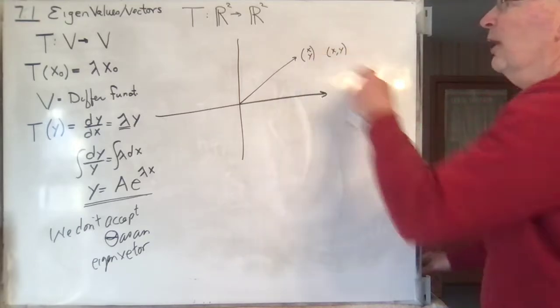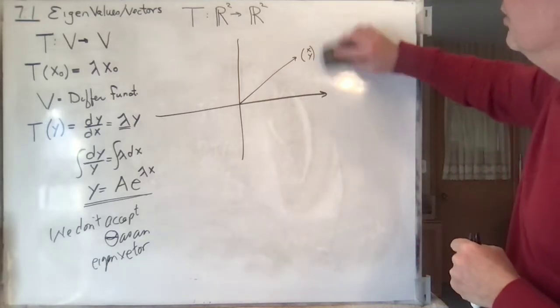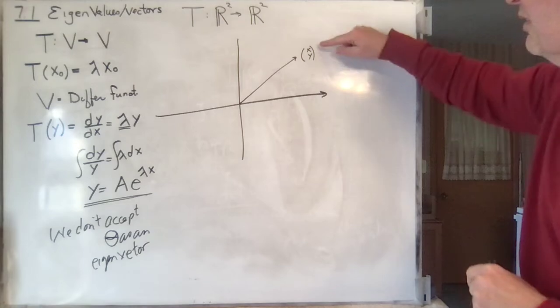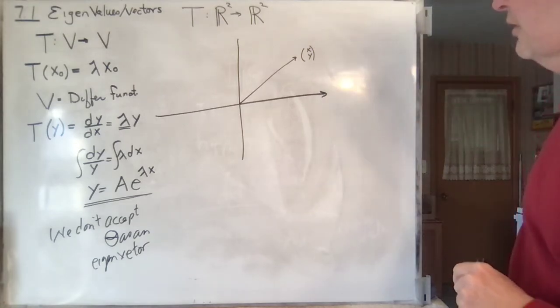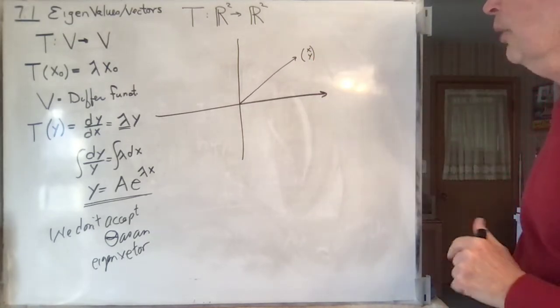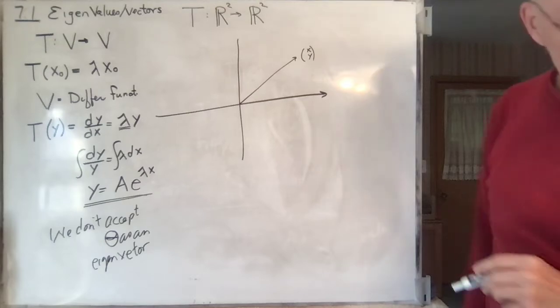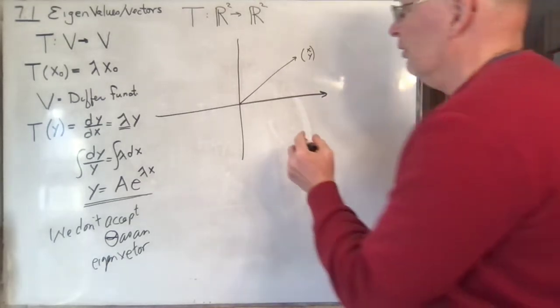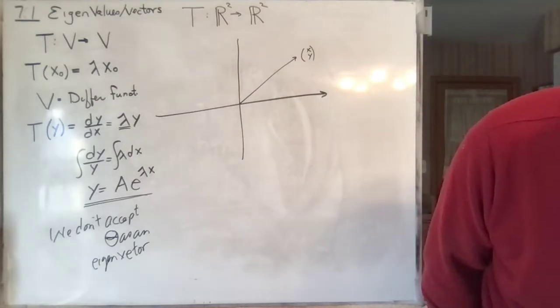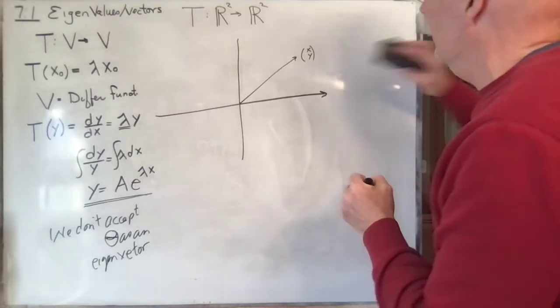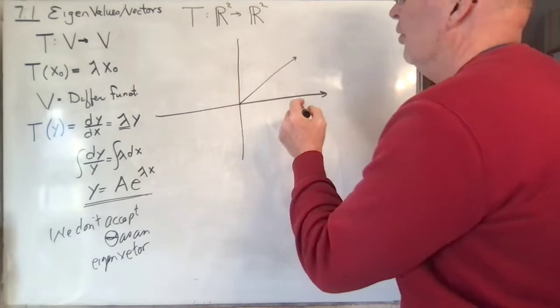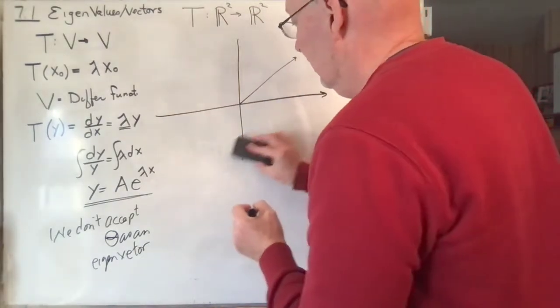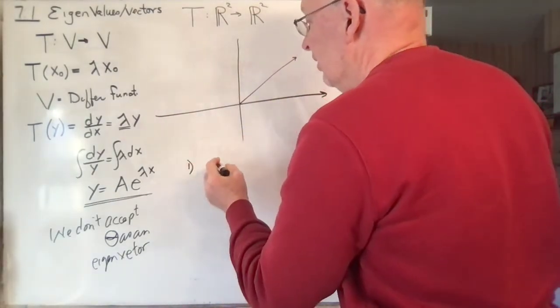I'm going to write it like that just to be clear that this is a column vector, but there's your point xy. And let's look at the ones in the book. Let's look at 4 different ones.